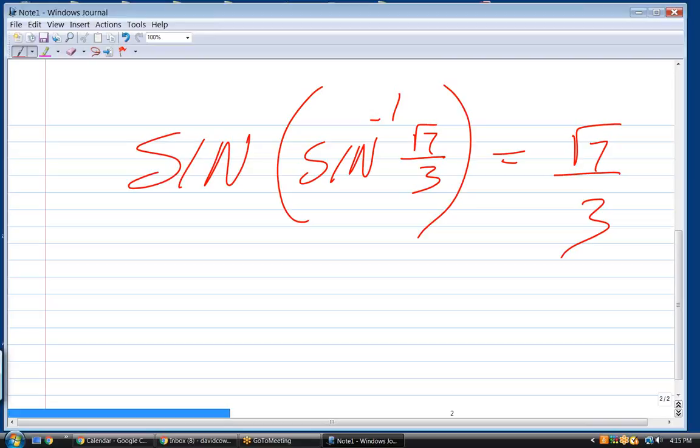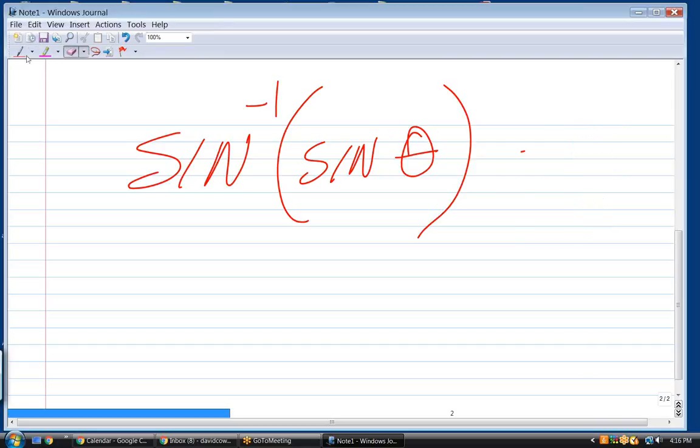I never once figured out what theta was, but I know the sine of the inverse sine of a number is equal to the number. Same thing as this. The inverse sine of the sine of theta, well, that's equal to theta.